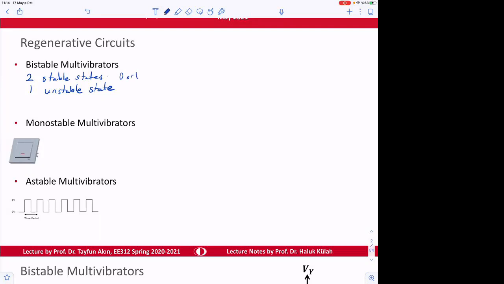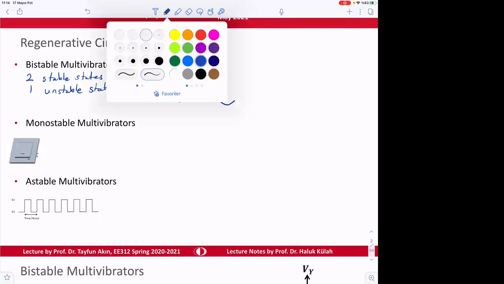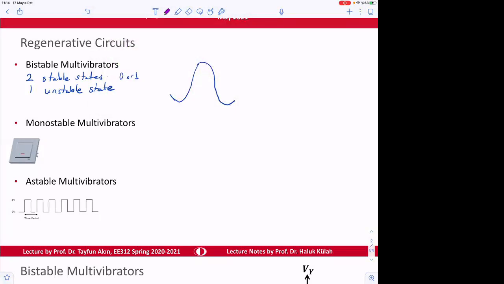So output can be 0, logic 0 or logic 1, okay? But in the circuit, there's going to be a case, and we can think about this as a ball. So this is maybe a simple way of explaining. This ball that we are thinking about, is it going to be here, logic maybe 1?